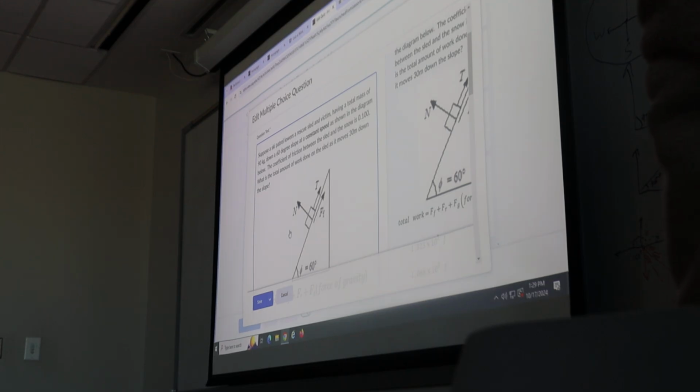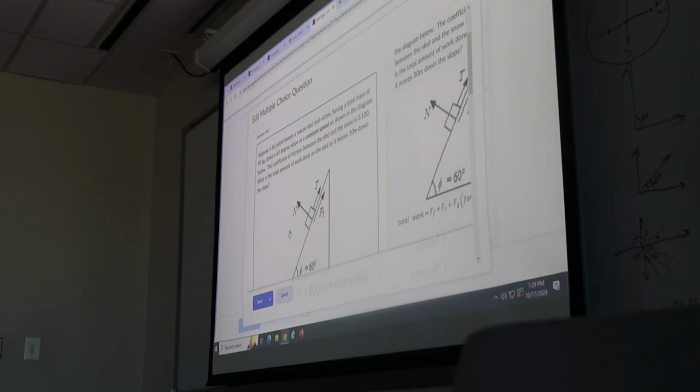So the force of friction. For the x direction, the force of friction is the same thing as the normal force. So I could say that I have a coefficient of friction and the normal force.